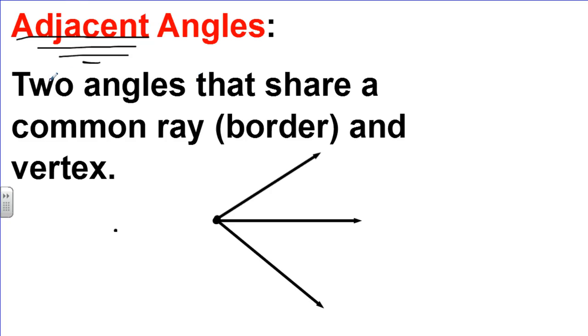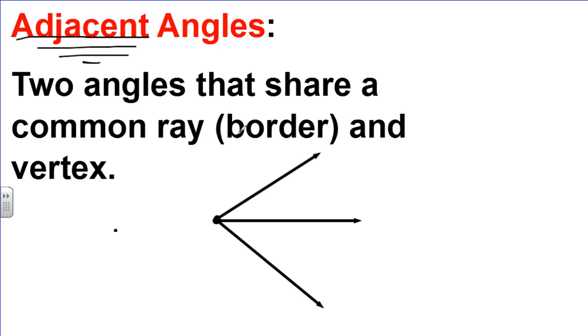Adjacent angles are two angles that share a common ray or a border, and they also share a common vertex. That's important as well. So your property is probably adjacent to your neighbor's property because you share a border line or maybe a fence.